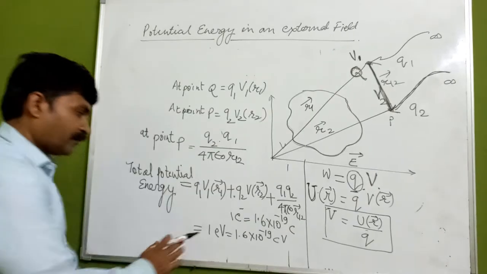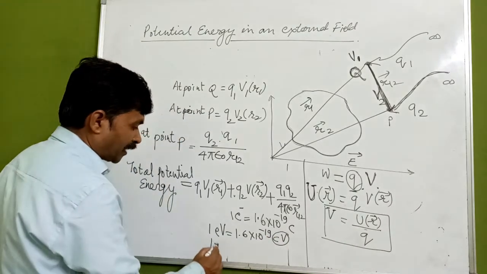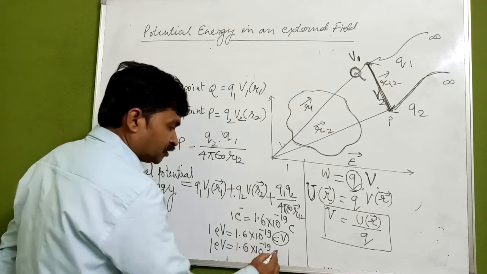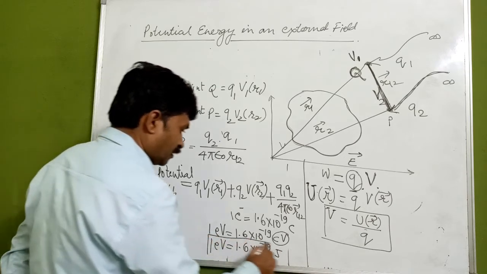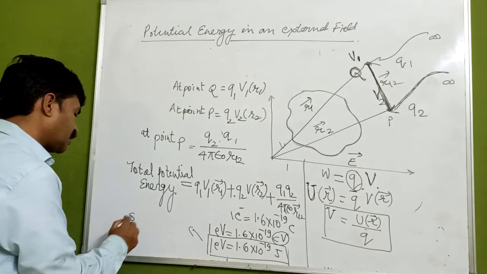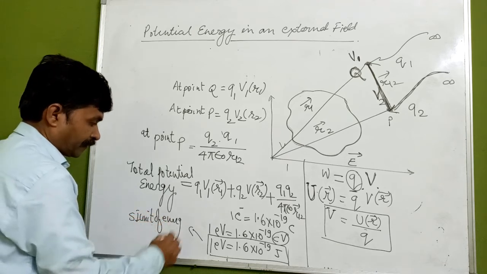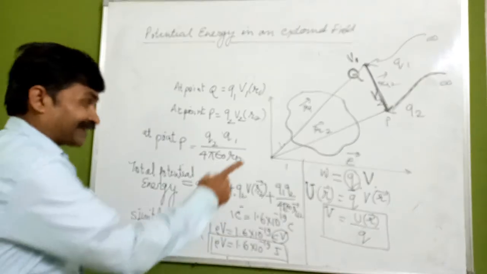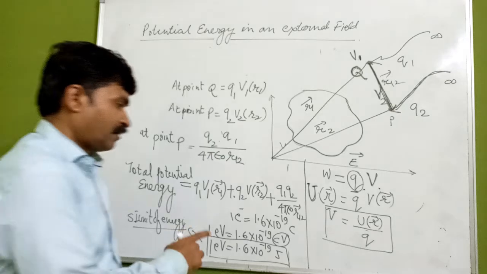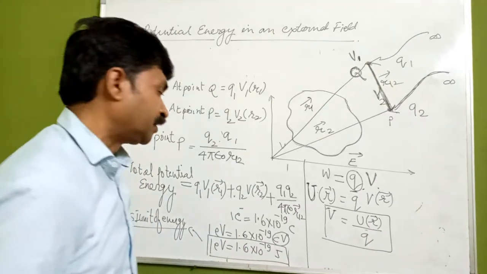Okay. So here what have we got? Coulomb into volt will give you the joule. So 1 electron volt will give you 1.6 into 10 raised to the power minus 19 joule. So 1 electron volt is also a unit of energy, that is electric potential energy. So here we have got 1 electron volt, which is equal to 1.6 into 10 raised to the power minus 19 joule.